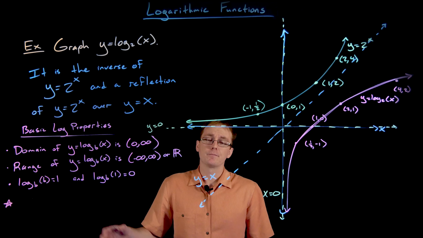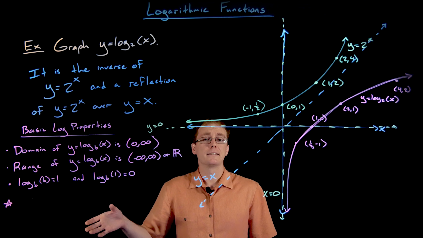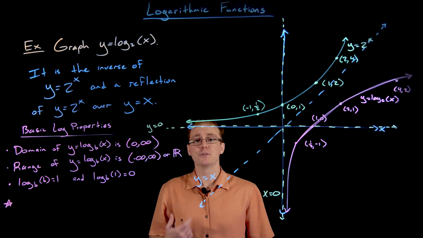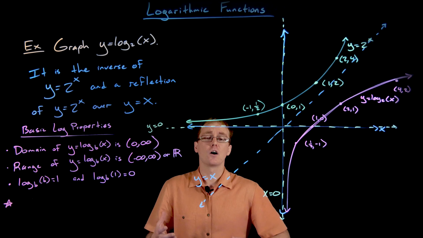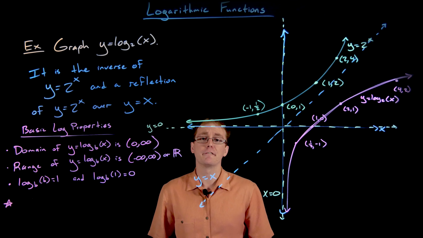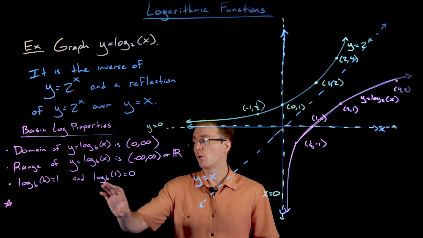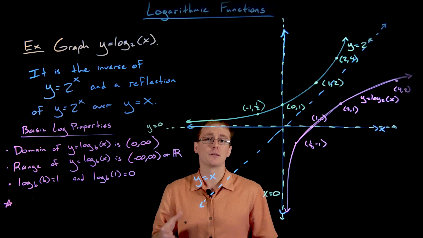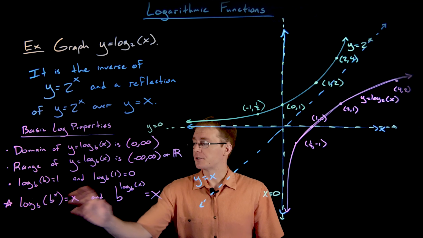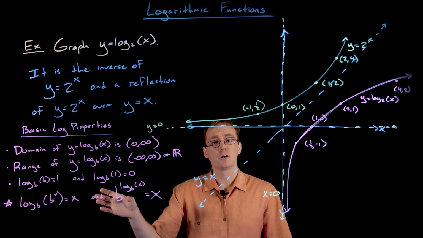And so our last basic property that I'm going to write down here is actually the one that we are probably going to use the most often, and that's the compositional relationship between a function and its inverse. They essentially undo each other. It may not always look like this, but this is technically the property we're always going to be using when we're solving these equations. These last two equations are just composing a function with its inverse.